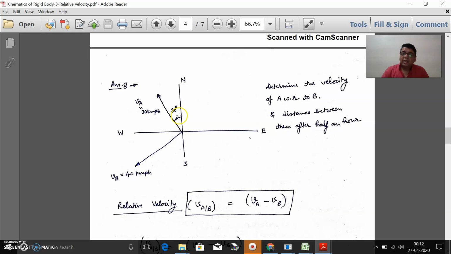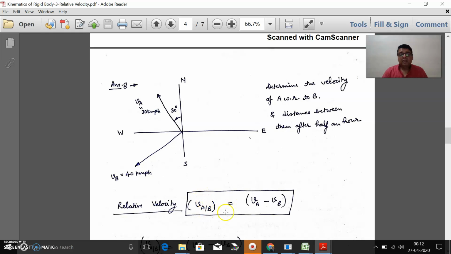So N 30 degree towards west. That's how we have drawn VA like this, and VB is at 45 degree because southwest means this. We can always draw these directions: north, south, east and west, and then denote them. And these two ships started at the same time, right?